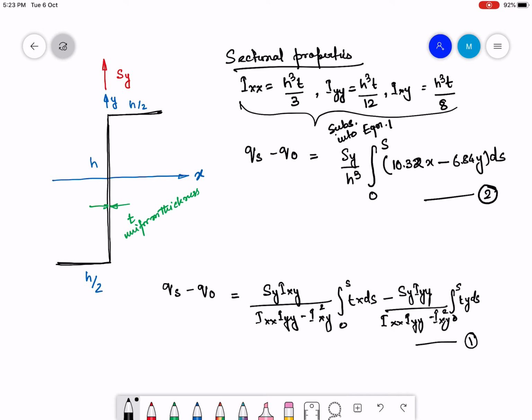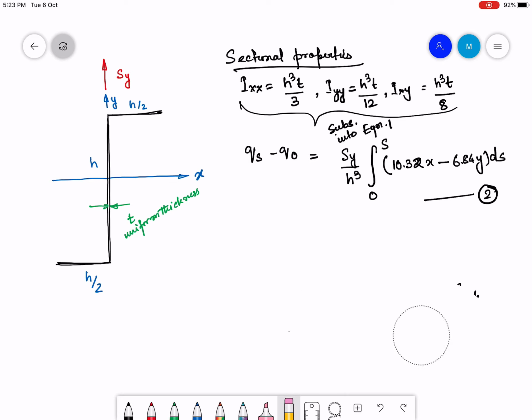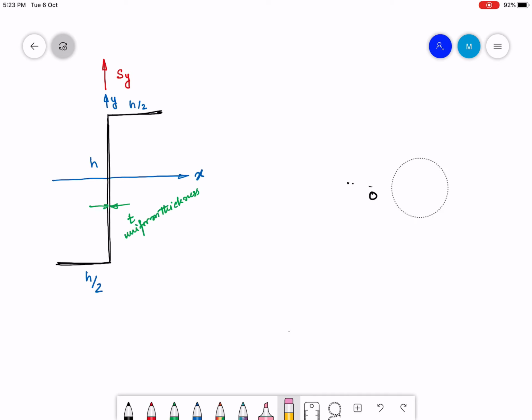Now let us see how to implement this equation for this given cross section and find the shear stress distribution. I would need this figure, so let me clean this up and keep equation 2 handy, Qs minus Q0.